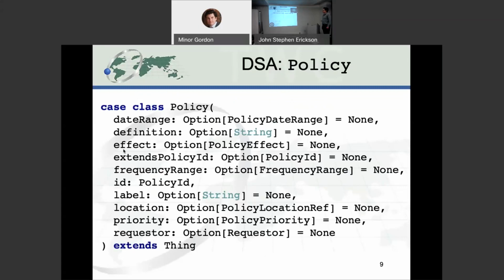So what does this actually look like in practice? DSA is probably the most evolved version of this that I have at the moment. There is a project under the TWed's World GitHub called DSA Models, which has these guys. They're a bunch of high-level classes which essentially capture the wireless spectrum access policies. So policy has a date range, some sort of textual definition, enum effect, and so on and so forth.